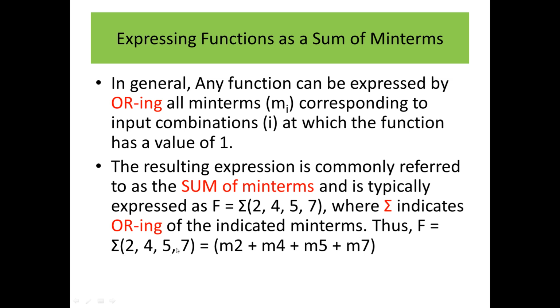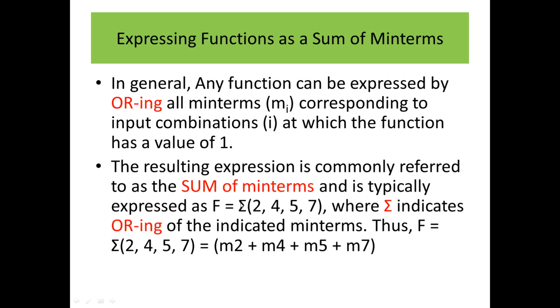Thus f is equal to summation 2, 4, 5, 7. Why have I written this? Because f is having 1 in particular row combination 2. F is having 1 where it is 1, 0, 0. F is having 1 where it is 1, 0, 1. F is having 1 where it is 1, 1, 1. So wherever the function f is having 1, I have written that particular row combination. And what does this symbol indicate?